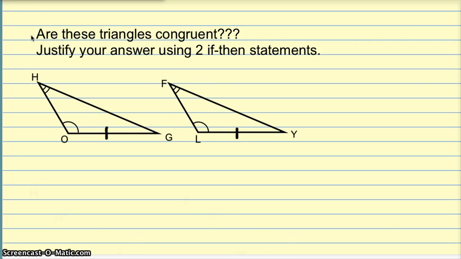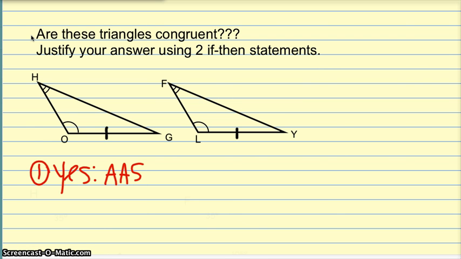Are these triangles congruent? Justify your answer using two if-then statements. All right, so it looks like we have two angles and we have a side. So I'm going to say yes, they're congruent using angle, angle, side, and that side is not included.